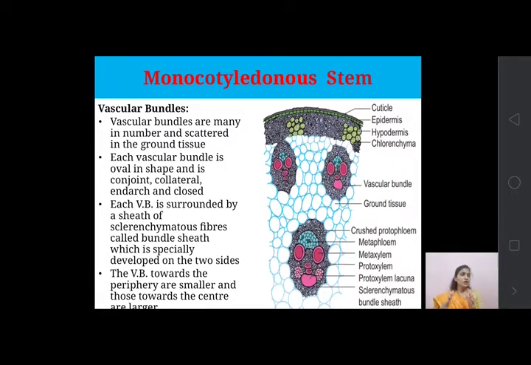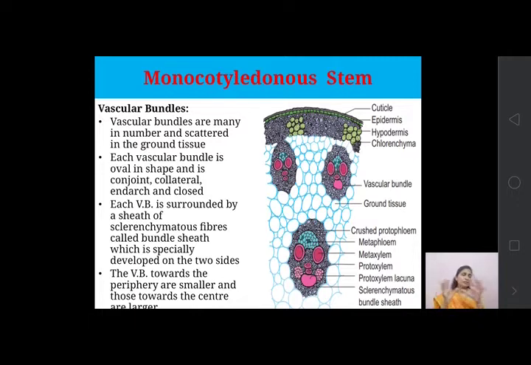So you can understand how it differs from that of the root. I give you some homework today. We have now finished the dicotyledonous root, dicotyledonous stem, and also the monocotyledonous root and monocotyledonous stem. So you have to write down some of the different points that you can understand.